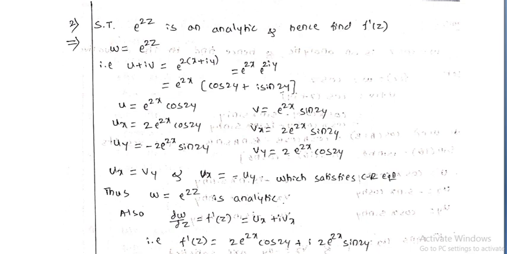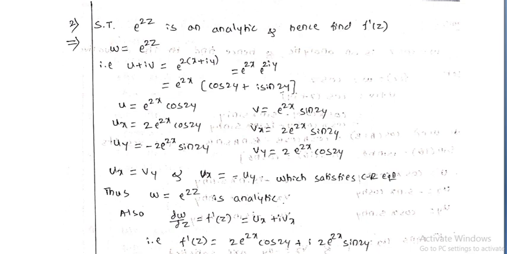Then differentiation of phi with respect to x is e to the power 2x, and 2x becomes 2, with sin 2y kept as it is. And with respect to y, e to the power 2x, differentiation of sin 2y is cos 2y, and 2y becomes 2.